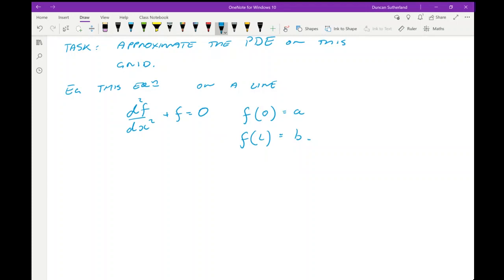What we want to do is replace this thing with its discrete equivalent.